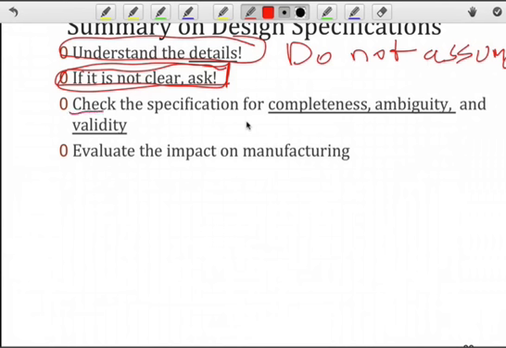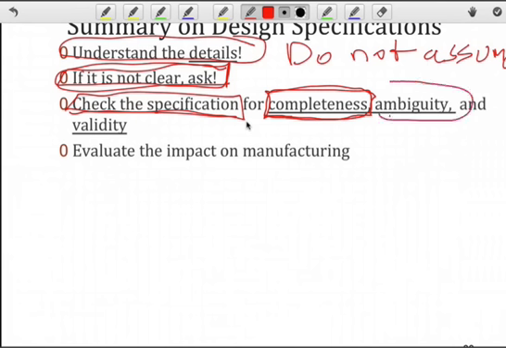It's also your responsibility to check that specification. And you need to check it for completeness, such as your feature control frame has everything in it that you need to understand what's being controlled. And that there's no question about what's being controlled. There's no ambiguity. And that goes for any symbols, welding symbols, surface texture symbols, whatever they might be. And that those specifications are valid.